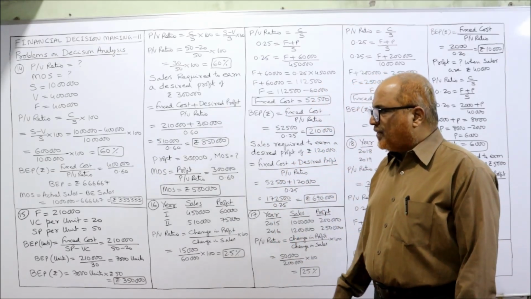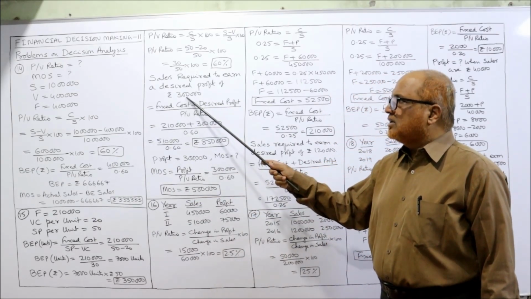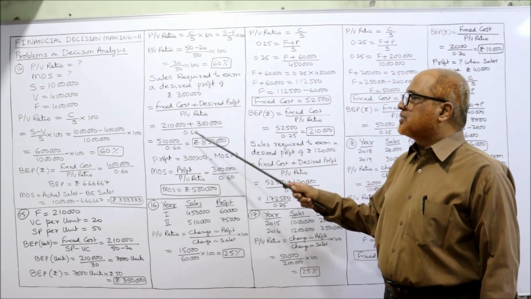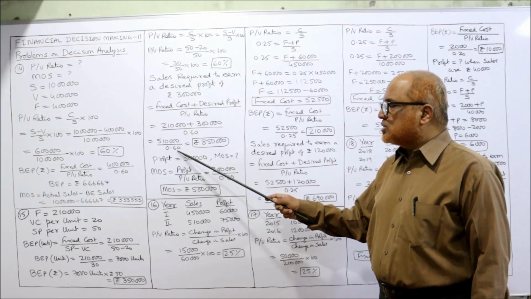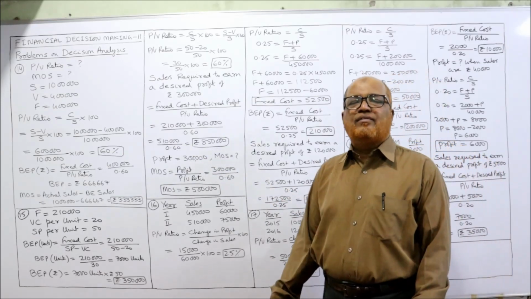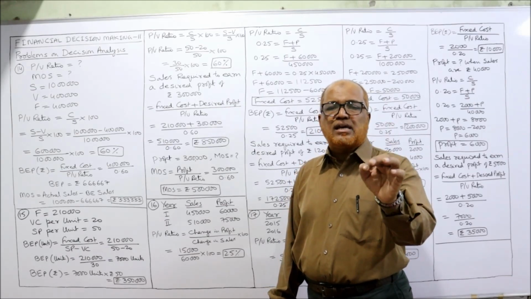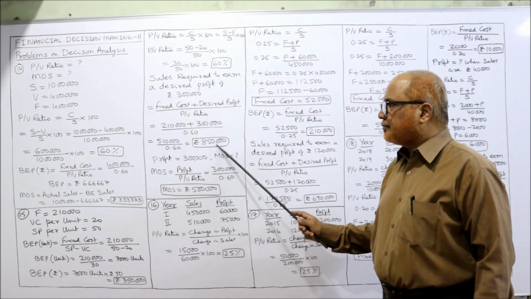The fixed cost is given in the problem, 2,10,000. Desired profit here it is given, 3 lakh. And PV ratio just now we have calculated, 60%, 0.6. So 2,10,000 plus 3 lakh, 5,10,000 divided by 0.6, 8,50,000. 8,50,000 is the sales required to earn a desired profit of 3 lakh.